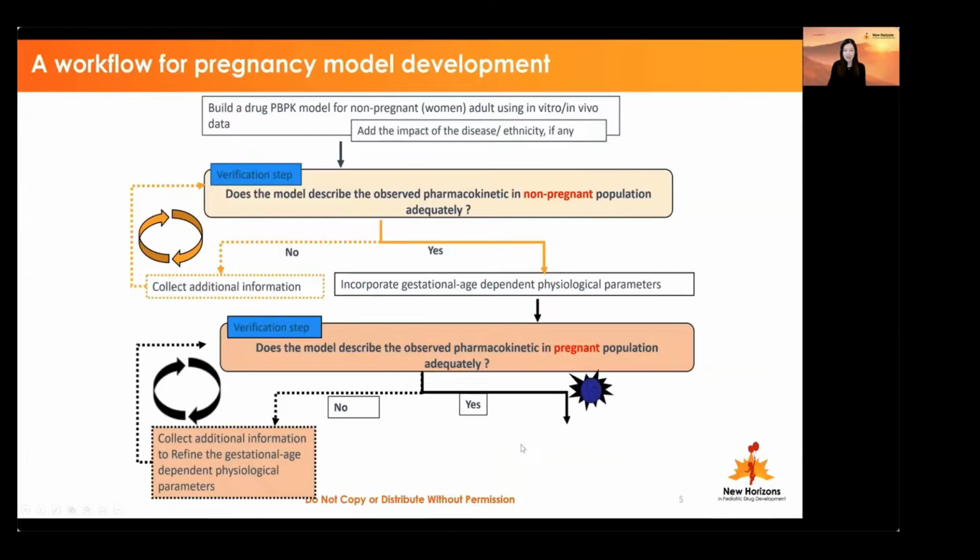If the answer is yes, then this verified pregnancy PBPK model can be applied for different model application scenarios, including dose prediction, drug interaction assessment, fetal exposure assessment, and response risk assessment.